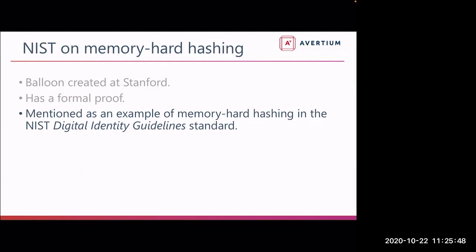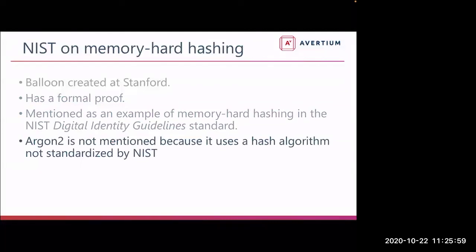And it gives Balloon as an example. It does not mention Argon2, it just mentions Balloon. Well, why? Well, the reason is because it uses a hash algorithm that's not standardized by NIST. And NIST was not going to mention a hashing algorithm that didn't use SHA-2 or SHA-3.